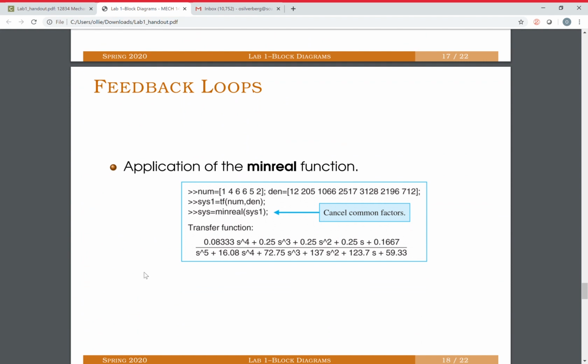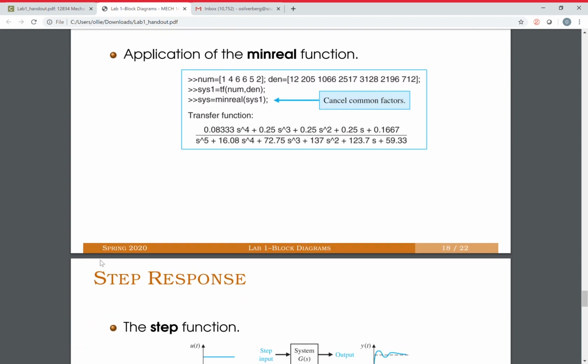So here's an example. We have a big transfer function with big numbers: 12, 205, 1066. What it does is divide everything by a common factor. So then we have a leading term of 1 instead of 12, since everything is divided by 12. It'll do that automatically for you.